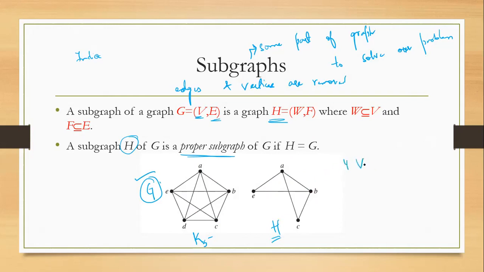So it has 4 vertices and only 5 edges. And G has 5 vertices and 10 edges. You can just count the edges. So if I am considering this as H, then it has a set W of vertices and a set F of edges, and both of them are subsets of this graph. So this is an explanation of subgraph.